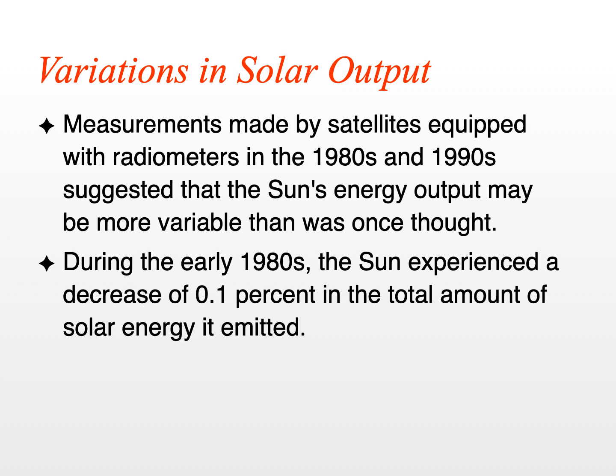And what we've found is the sun does indeed vary in terms of its output. However, the amount of variation that we discovered since the 1980s was not enough to cause drastic changes in the Earth's climate. The decrease or the variation in solar output was in the ballpark of about 0.1%.